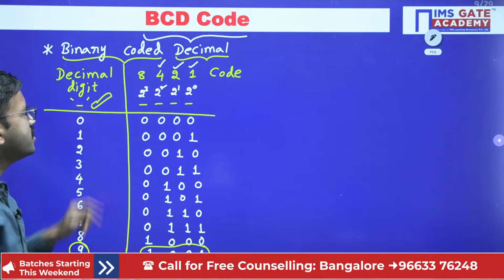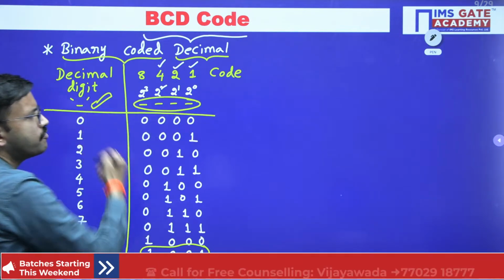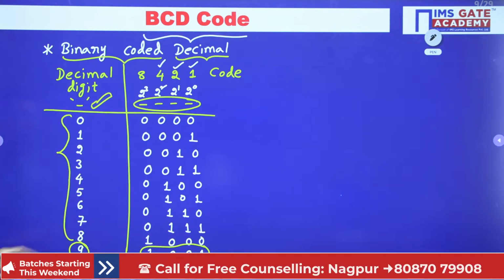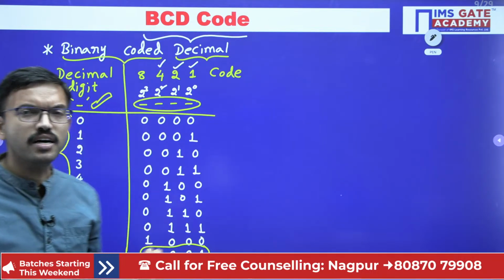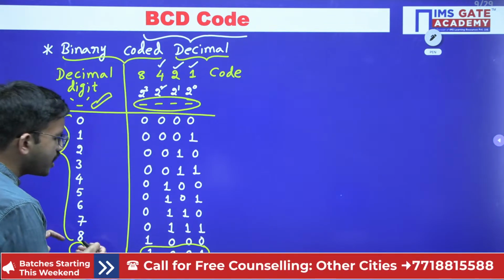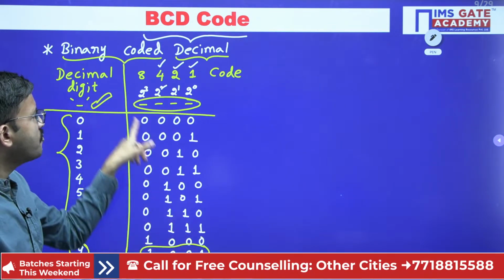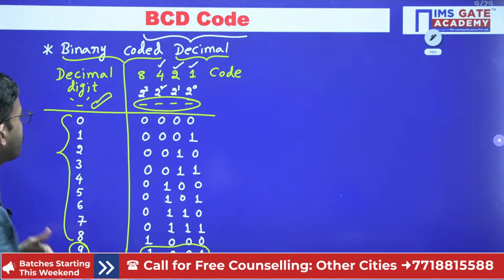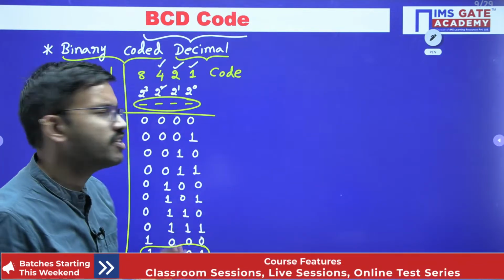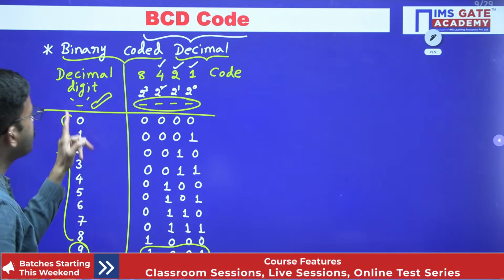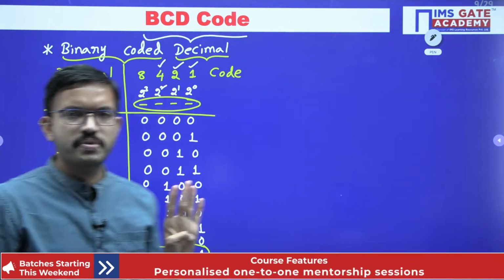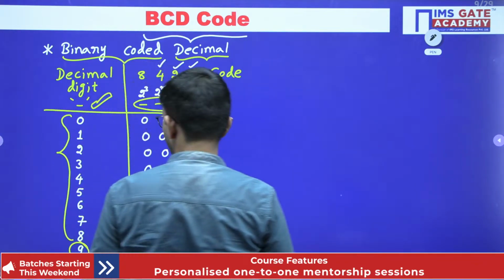With the help of 4 bits, can we represent any of these numbers or not? Yes, obviously, because if we are able to represent the maximum value of a decimal digit with 4 bits, then with 4 bits we can represent any of the lower decimal values. That's why it is mandatory that for representing each and every decimal digit in the BCD code, we use 4 bits. It is mandatory, so just make a note.